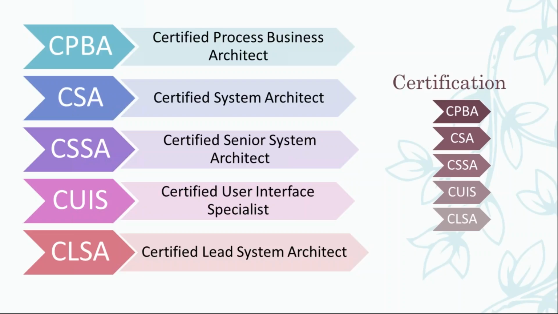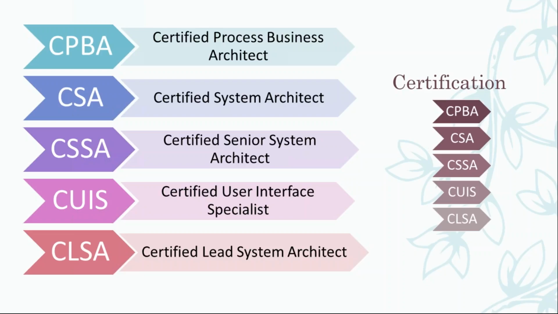Both CPBA and CSA are available in two versions, Pega 7.1 and Pega 7.2 now. 7.1 is going to be retired at the end of this year, by 31st December, for CPBA and CSA. After that, it will be only 7.2.